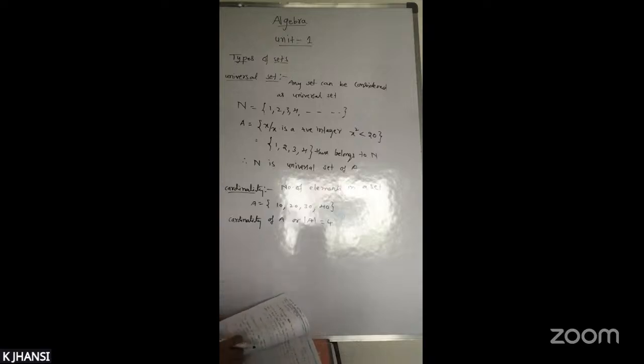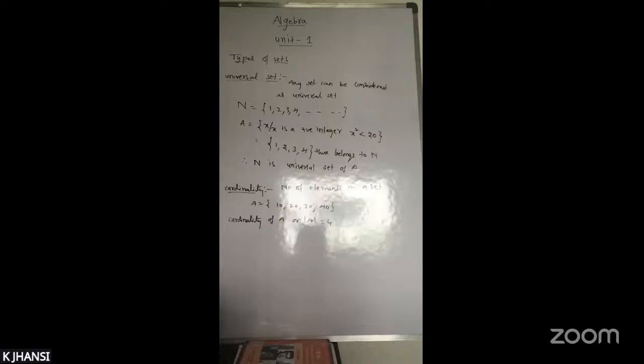So after this we have the concept of set operations. These set operations are similar to the operations we have seen in natural numbers. For natural numbers, we have the operations of addition, subtraction, division, and multiplication.